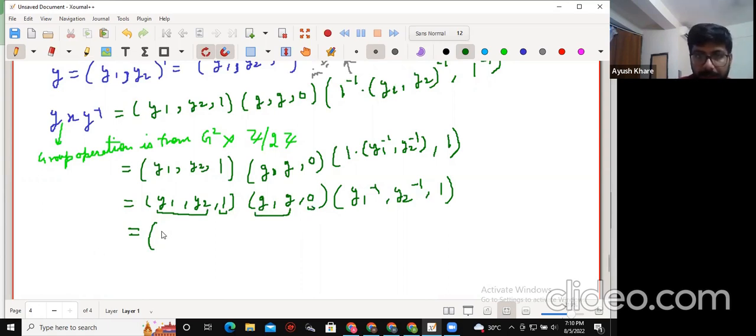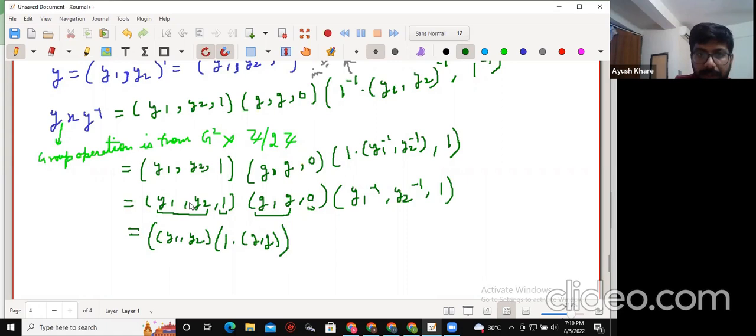So we will first put this tuple y1 comma y2 as it is and see how this one acts on the tuple g comma g. I'm just using the definition of semi-direct product, that's what we did now.